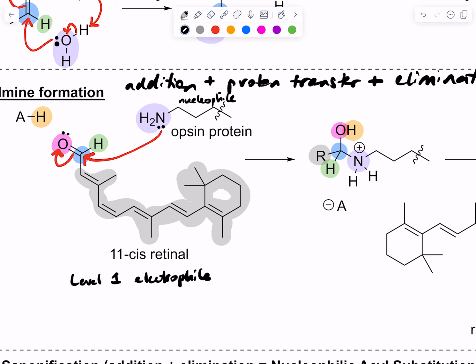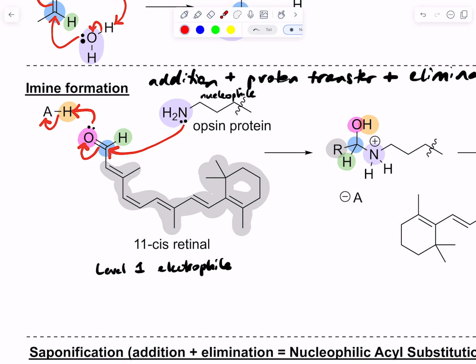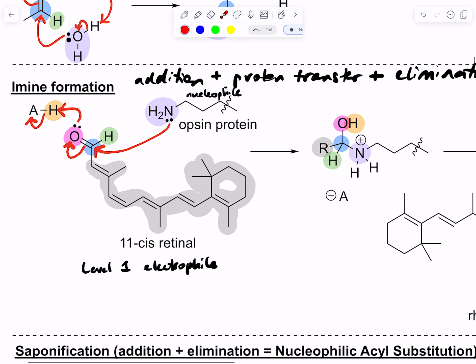And then lone pairs on the oxygen will deprotonate whatever this acid is. This is likely some acidic group in an enzyme active site. You've seen examples of what those could be. That could be a carboxylic acid, as an example. Okay, does that get us where we need to be? That accounts for the new bond between carbon and nitrogen.